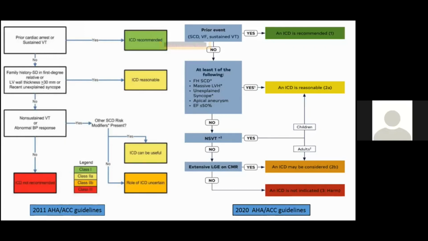Well, the question was whether there are any limits to the American guidelines, as there are for the ESC guidelines. So the American guidelines, let's go back to the definition. The American definition of hypertrophic cardiomyopathy excludes infiltrative diseases and excludes syndromes. It is only limited to the sarcomeric form.